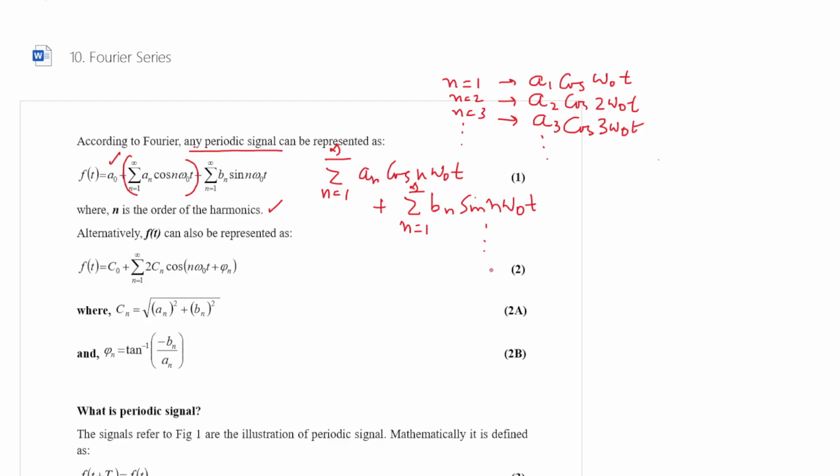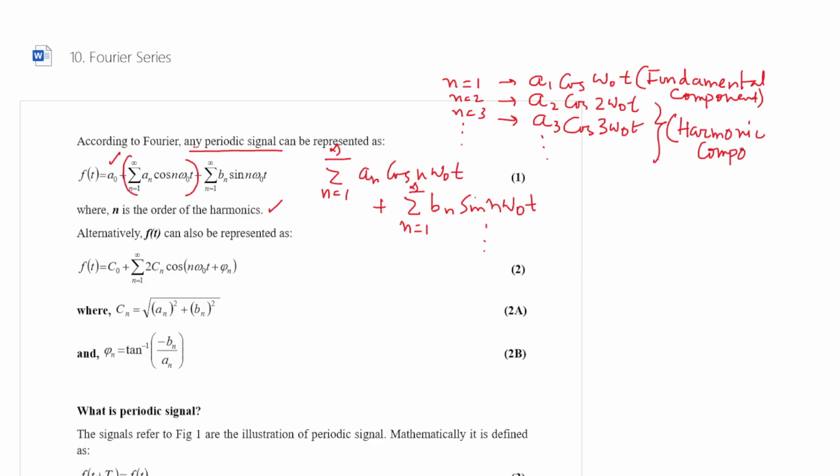When n is equal to 1, it is called the fundamental component. And when n is other than 1, they are all called harmonic components.